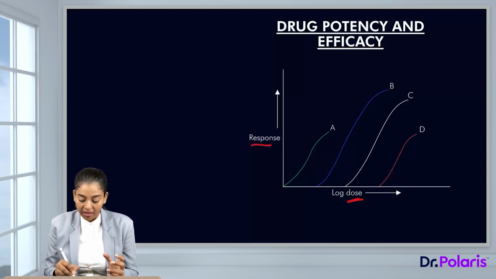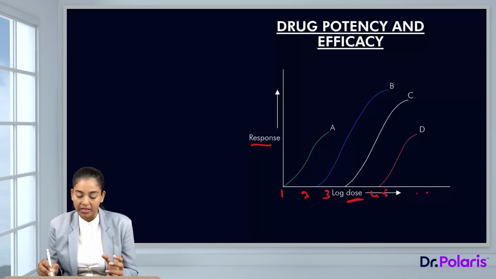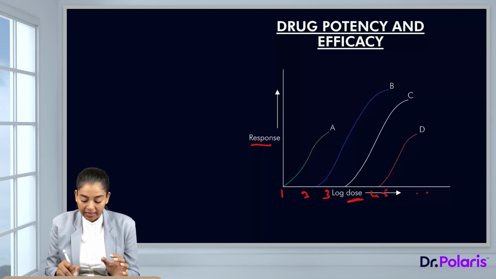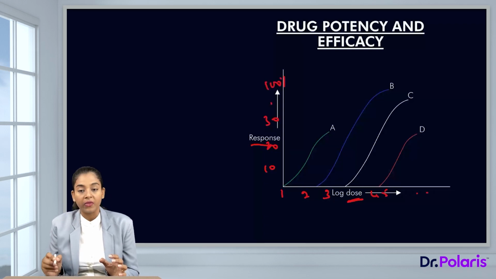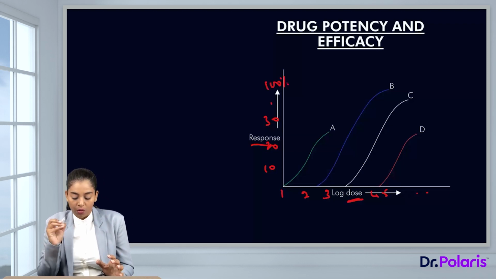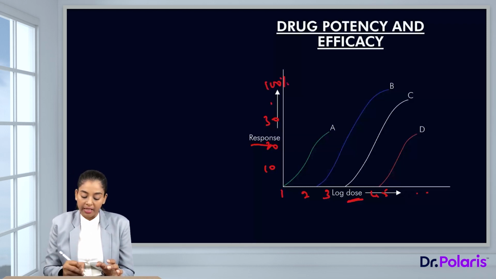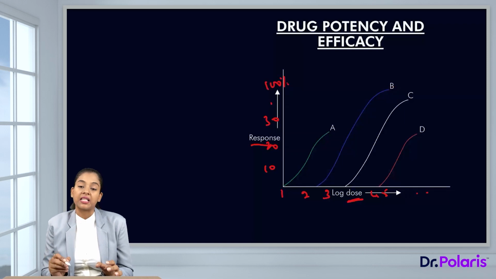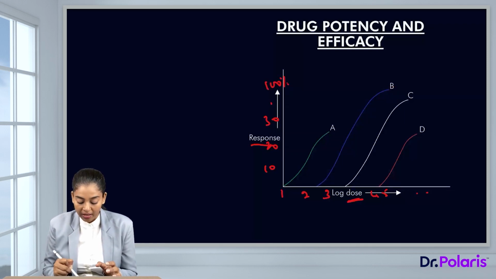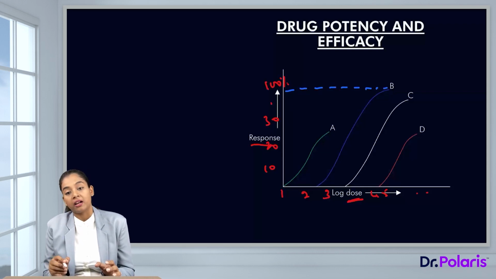Say the dose is 1 mg, 2 mg, 3 mg, 4 mg, 5 mg and so on, and the response we'll take as 10%, 20%, 30%, till 100%. We're just assuming. Now if I say drug B has the maximum efficacy, that means this has 100% response, correct? Maximum efficacy means 100% response produced by any drug.